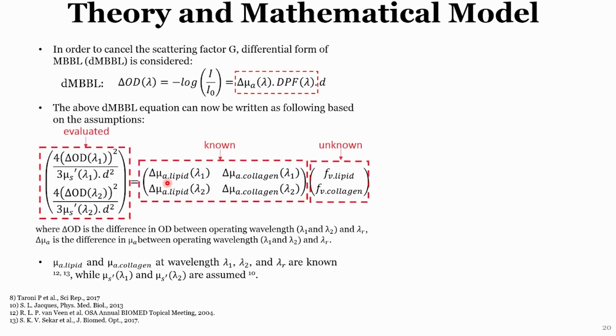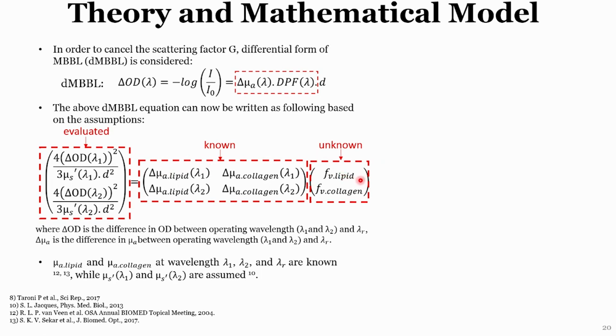So here again, what do we know? We know this mu a for the wavelength for two different states for lipid and collagen. We also evaluate the optical density. Again, this is the difference of optical density at that particular wavelength, and this is what we evaluate with our experiments. So this is what we also know. The unknown is the volume fraction of the lipid and collagen. From these two equations we can back calculate the volume fraction.